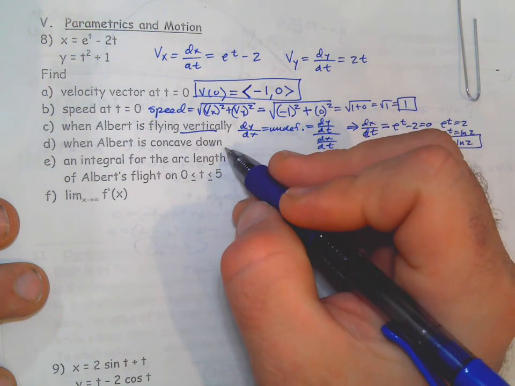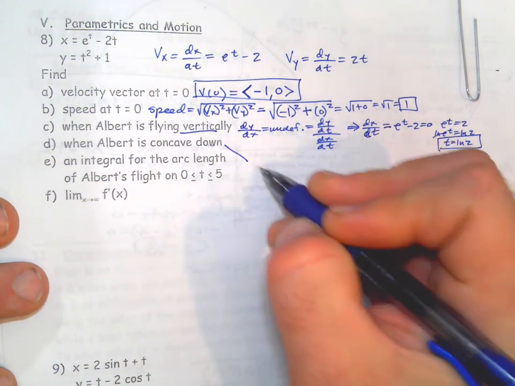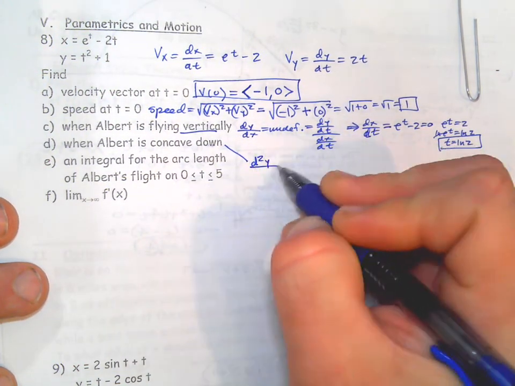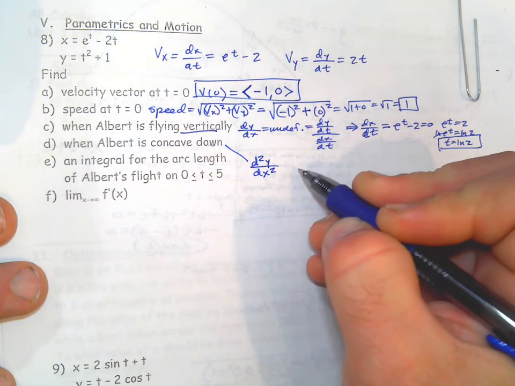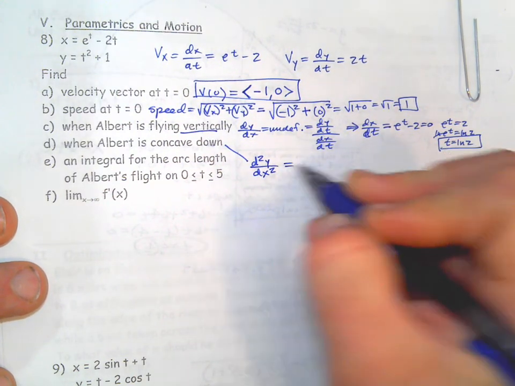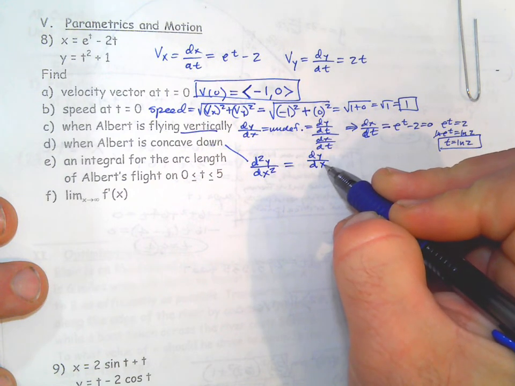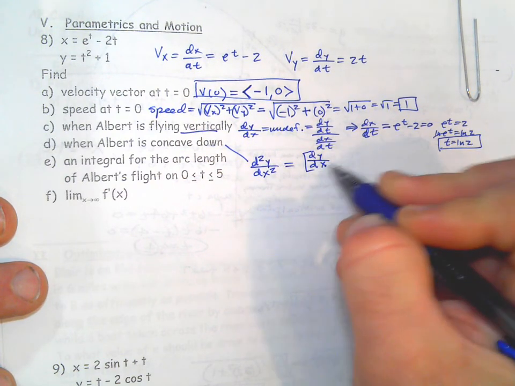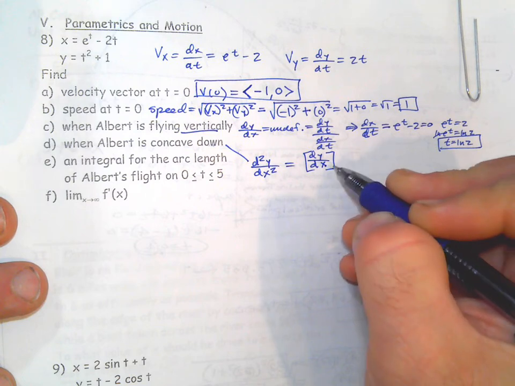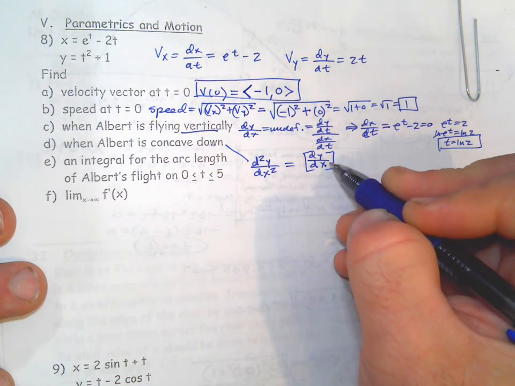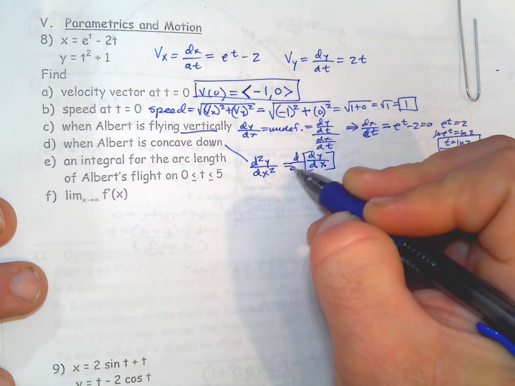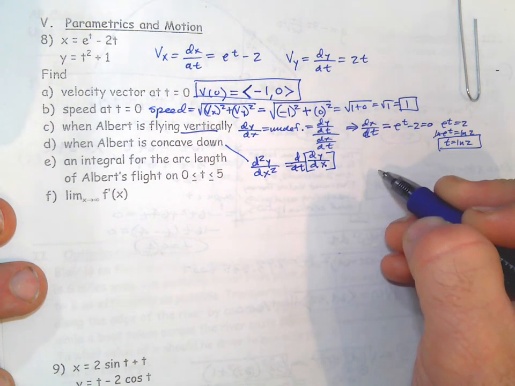Concave down, well, that would be the second derivative, which is kind of complicated. So second derivative of y with respect to x. We take the first derivative, dy/dx, and then we take the derivative of it again with respect to x, except it's not written in terms of x. So we take the derivative with respect to t, because that's the variable in it.